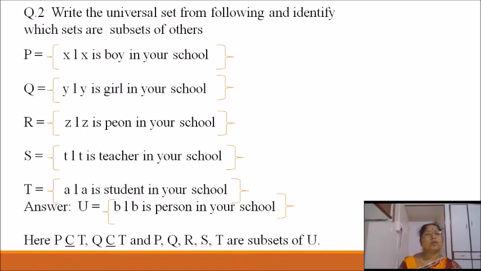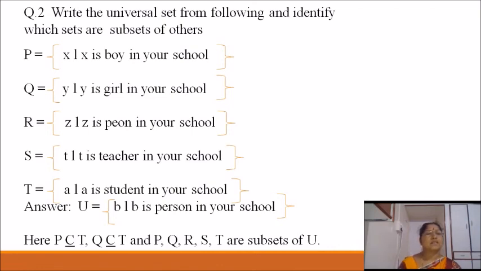Now, let us try to write the universal set. We know that all the elements of sets P, Q, R, S, T are persons in the school. Therefore, we can write the universal set U as the set of all b such that b is a person in your school.